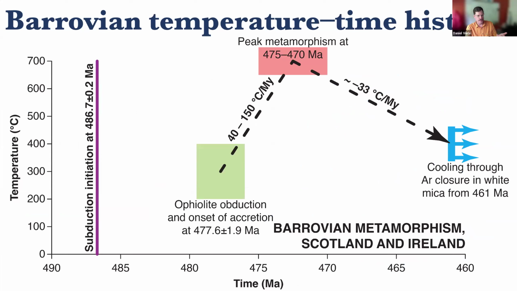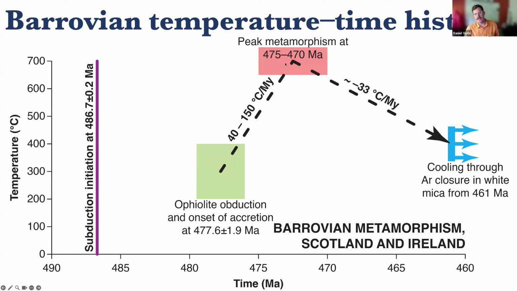And so we can put this into a temperature-time plot. We have some ophiolite obduction event. The temperature is not very well constrained here, but I'm assuming at about 300 degrees Celsius, the rocks may have been buried and somewhat warm. But certainly the argon patterns are still detrital in the low-grade zones.